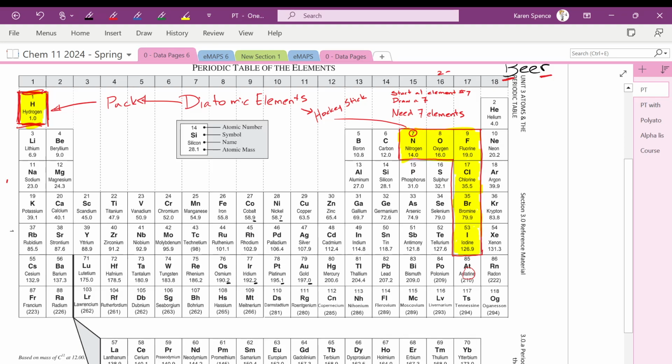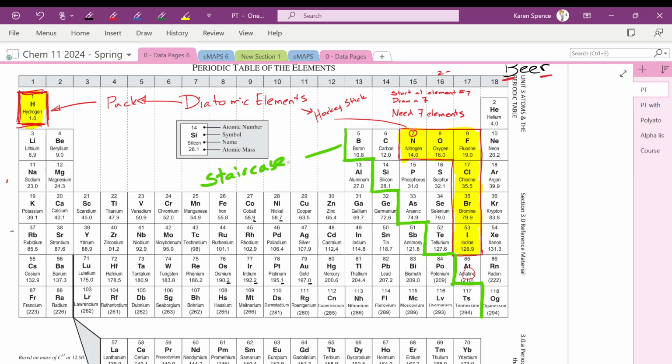Another thing that we can draw on our periodic table is a staircase. And what does the staircase separate?